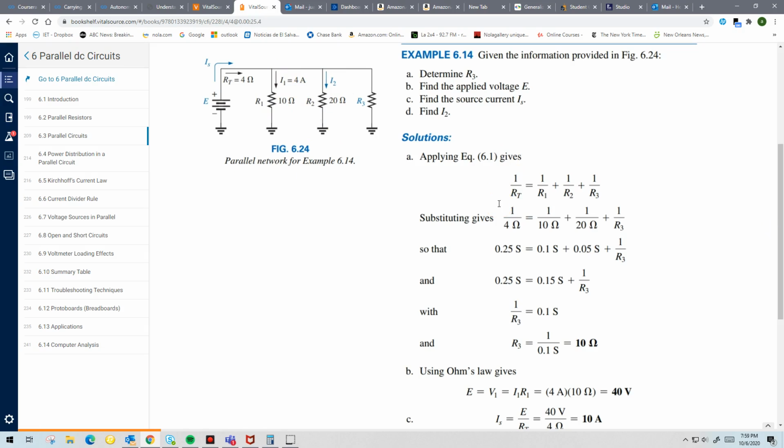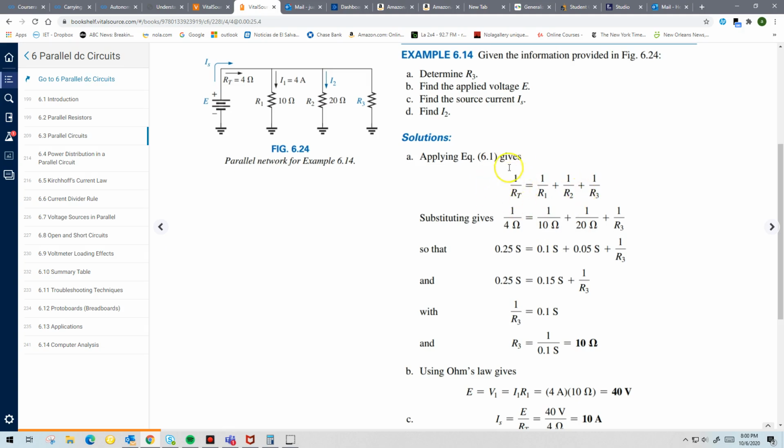By combining these two, 10 times 20 over 10 plus 20, gives you this, and then you recombine it again with R3 and solve for R3. You'll get the same result. But in this case, they use the long way with this equation: 1 over R1 plus 1 over R2 plus 1 over R3, and then we take the reciprocal of that.